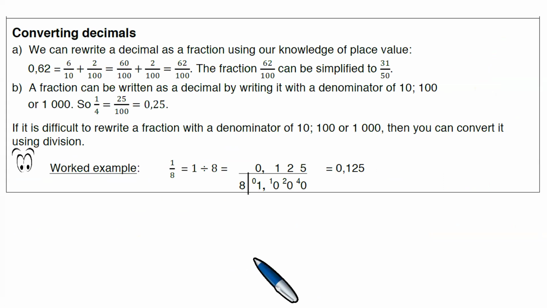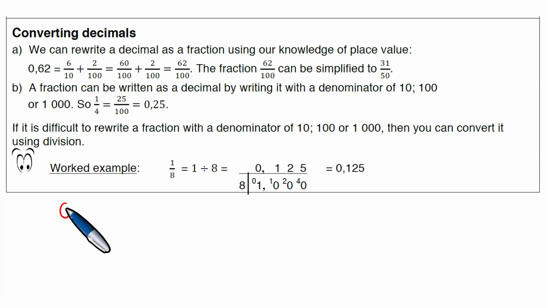Okay, we're recapping on some of the things here to make sure that your AQL, you just remember some of the basics. Let's look at converting decimals. We can write a decimal as a fraction using our own knowledge of place value.